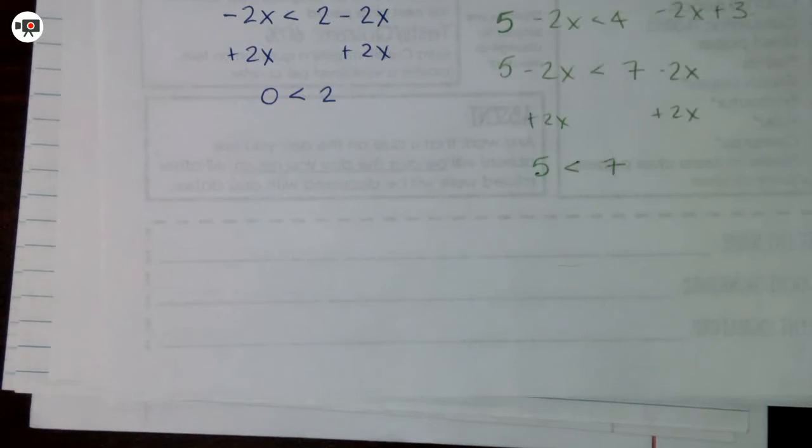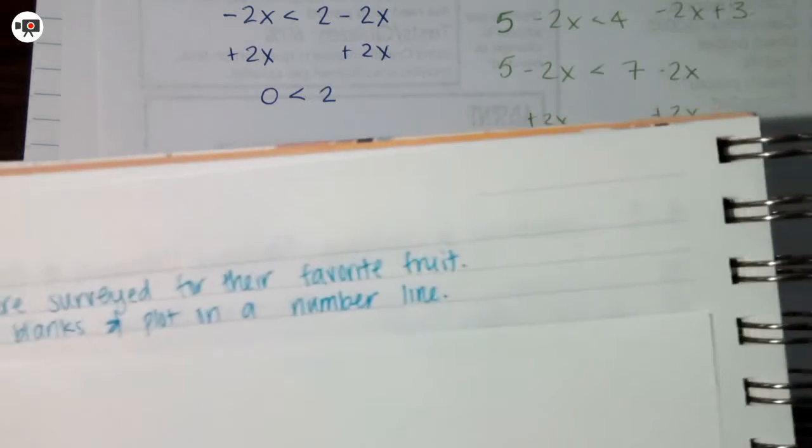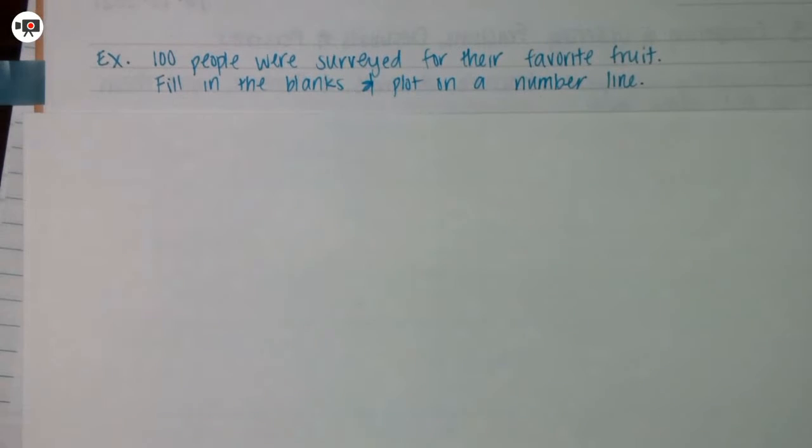Alright, now I have another kind of example. So 100 people were surveyed for their favorite fruit. Fill in the blanks and plot on a number line.